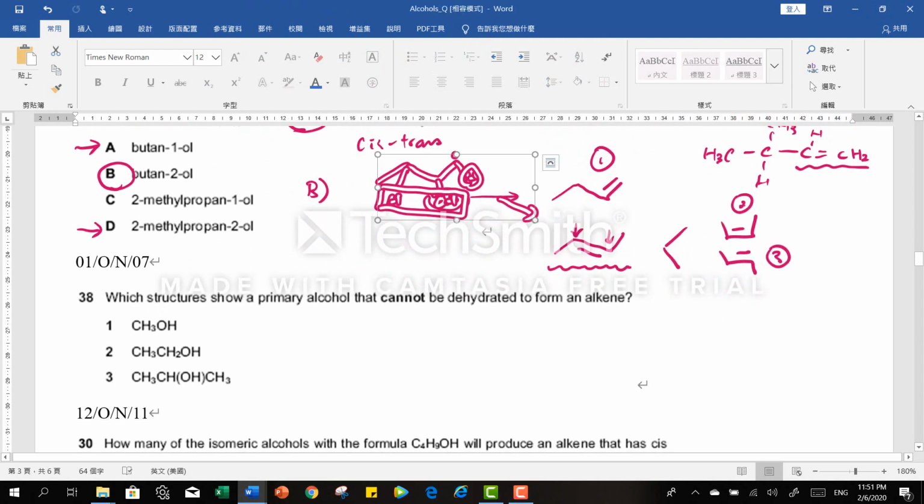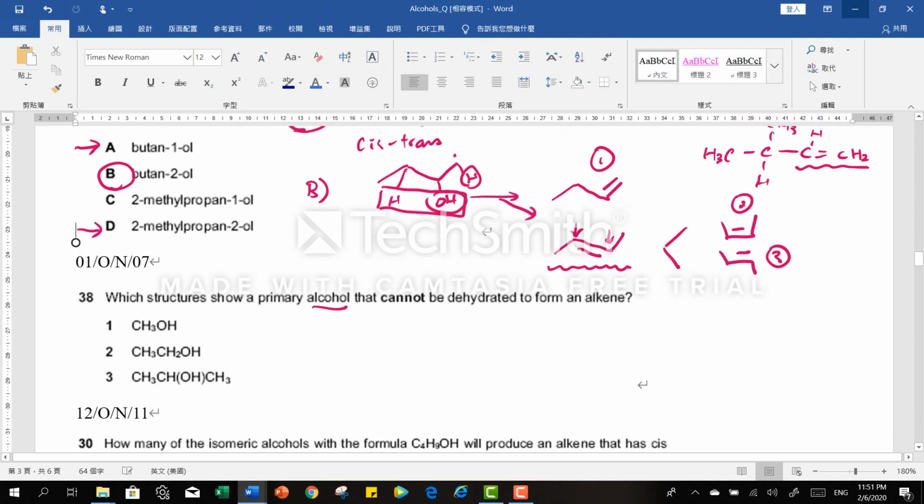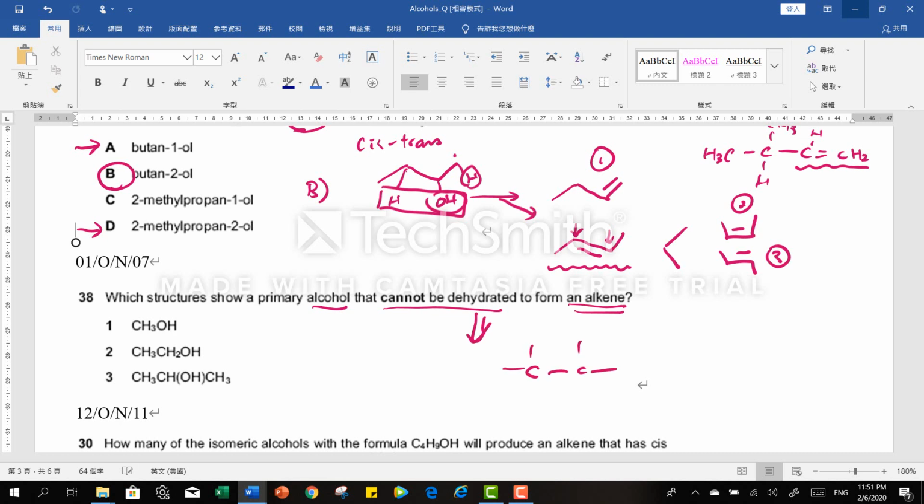Okay. Which structure shows a primary alcohol that cannot be dehydrated to form an alkene? Now, in order to undergo dehydration, as I said, you need 2 carbon atoms. One is bonded with H, the other one is bonded with OH. So the water will be pulled out from here, forming alkene.